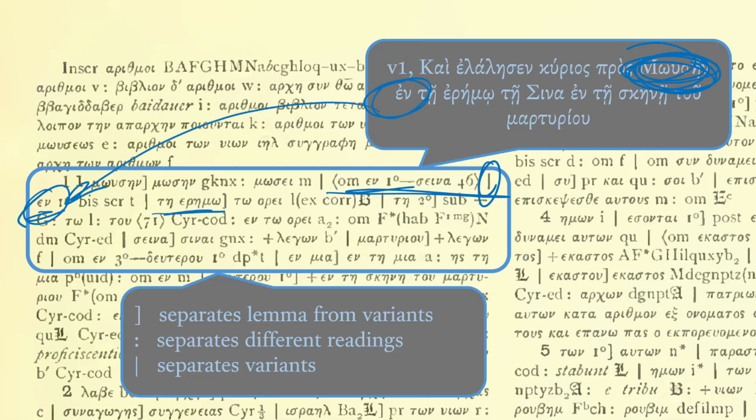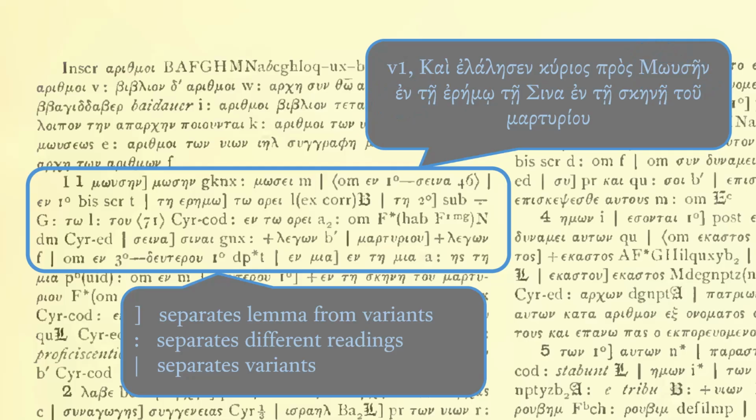And then after this vertical bar, you have te eremo, which is now referring to this, and so on. You can look farther ahead. You've got martyriu here after this vertical bar, which was for Sinai here, which has a different spelling. And so martyriu here is referring to that one, and so on. So hopefully that's a helpful little basic orientation. Once you get the hang of it, it's really not too bad.